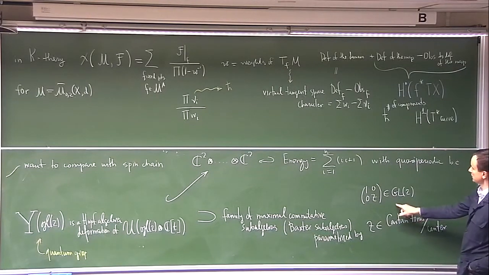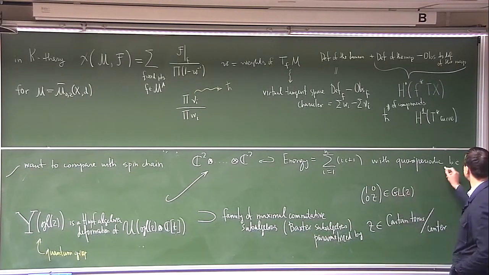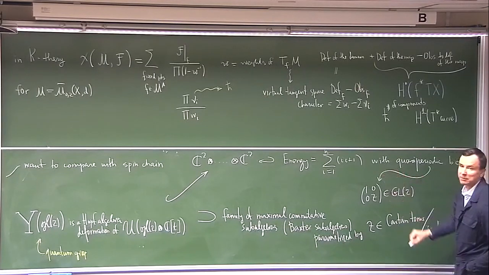So this is the matrix for the quasi-periodic boundary conditions.